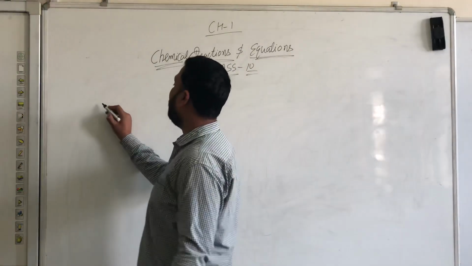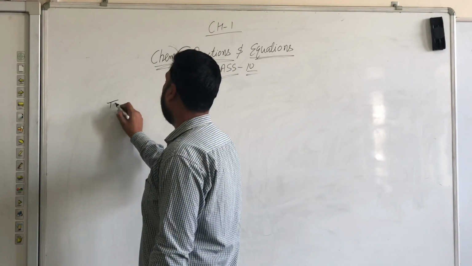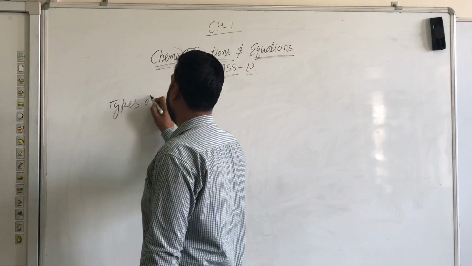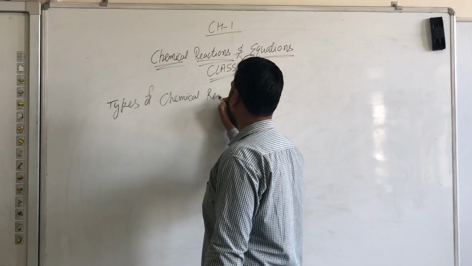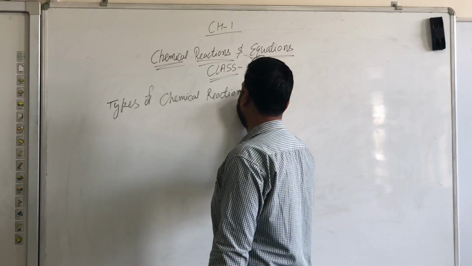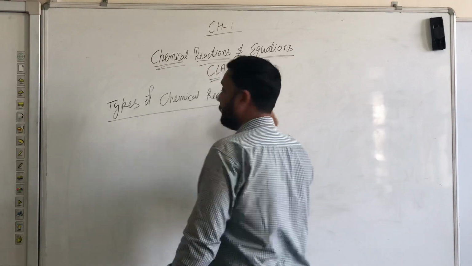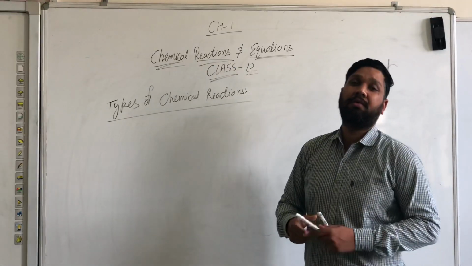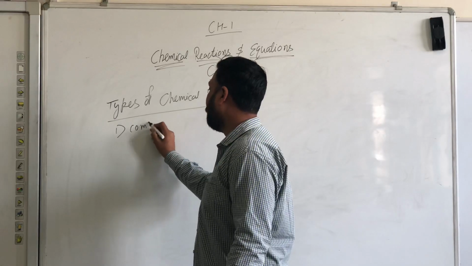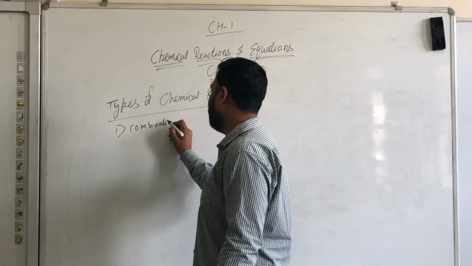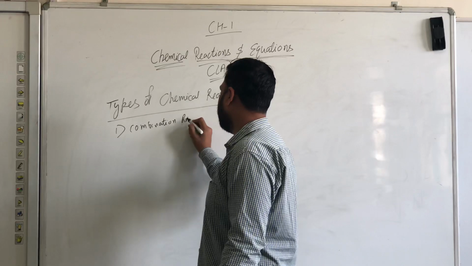In this, we are going to start first of all with the types of chemical reactions. Reactions are of 5 types. Number 1, combination reactions.